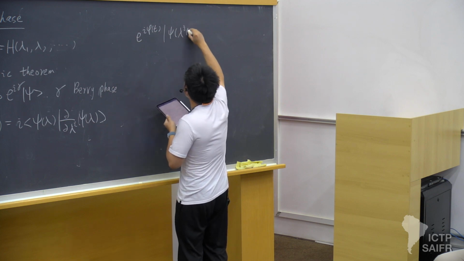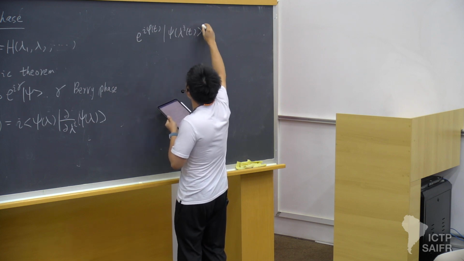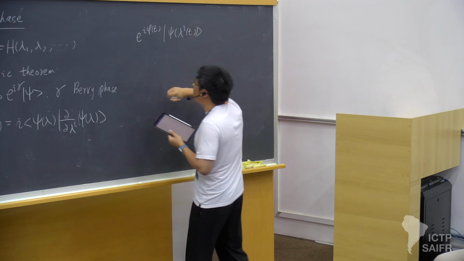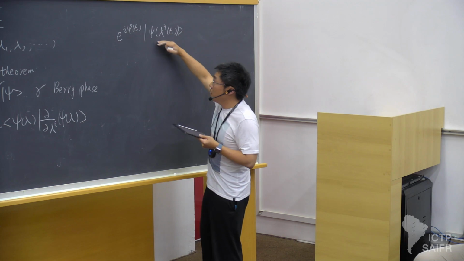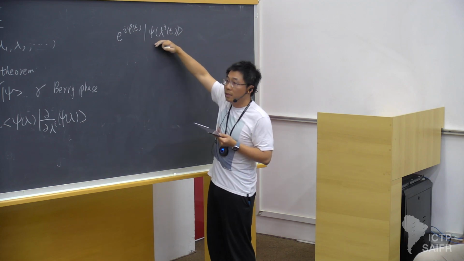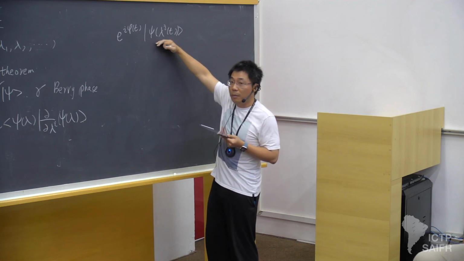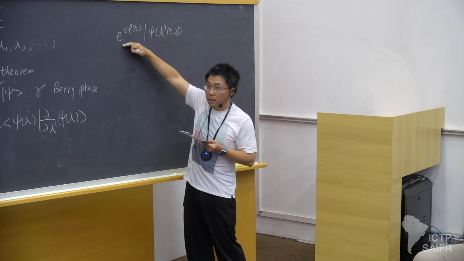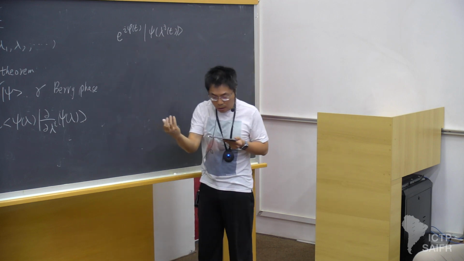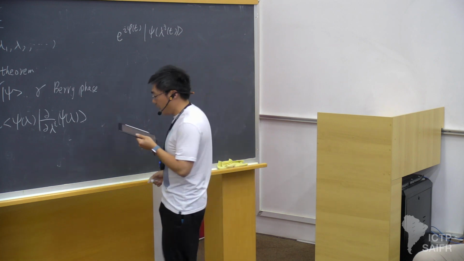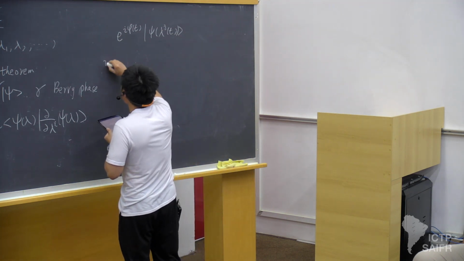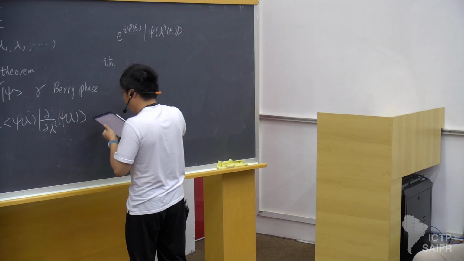So schematically, I can have a wave function like this. I'm really just slowly changing my Hamiltonian such that the state always stays in the ground state of that Hamiltonian, but the time evolution can give me a non-trivial phase factor. This non-trivial phase factor can be computed using the Schrodinger equation.